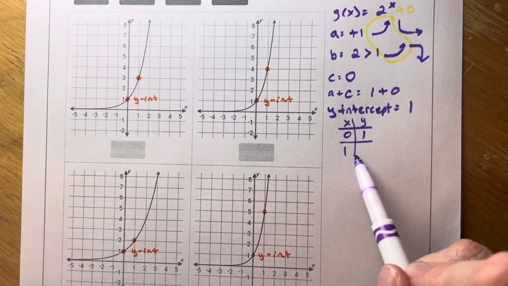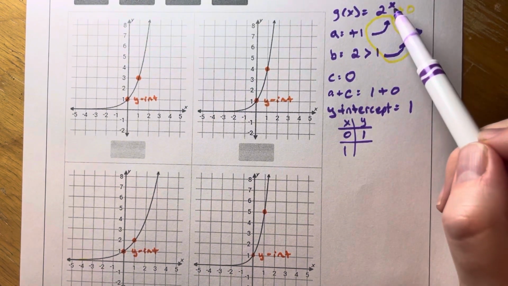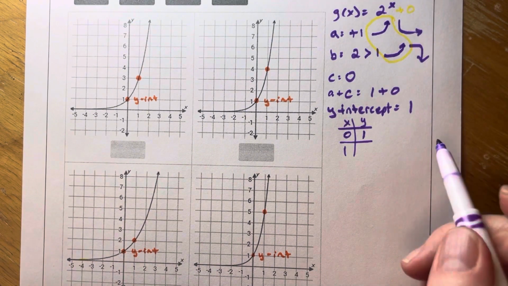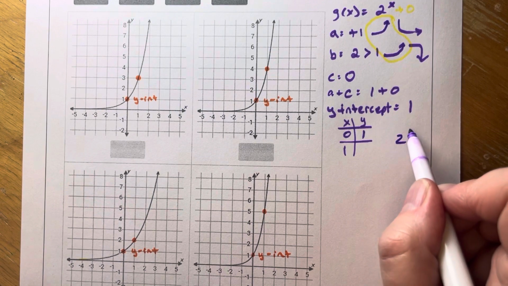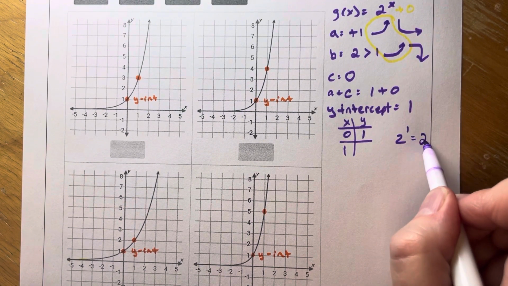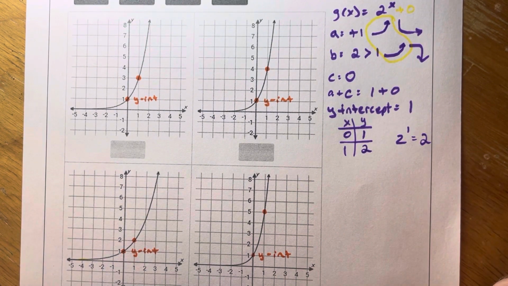So let's find out what happens when x is equal to 1 by plugging this 1 into our original equation for the x value. So 2 to the 1 power is just 2, which you can either get by knowing or you can get by putting it into a calculator.